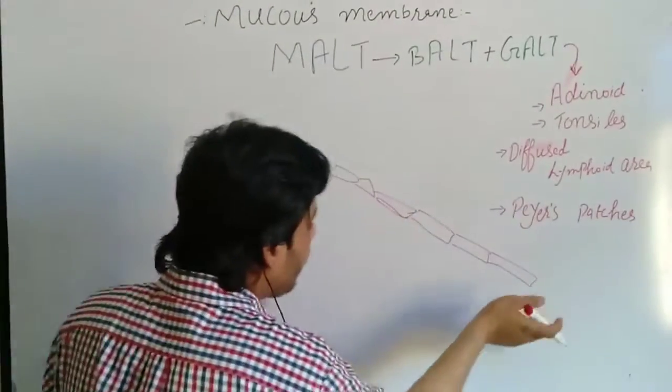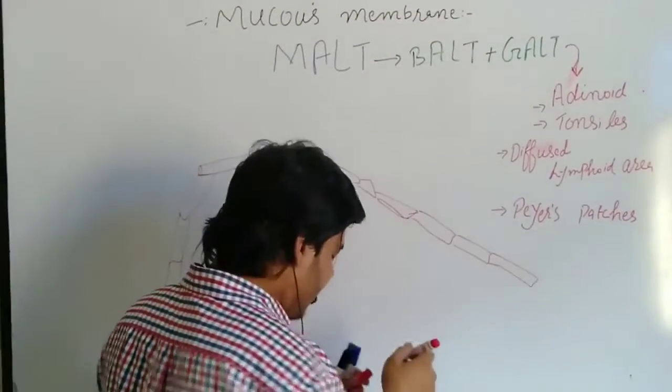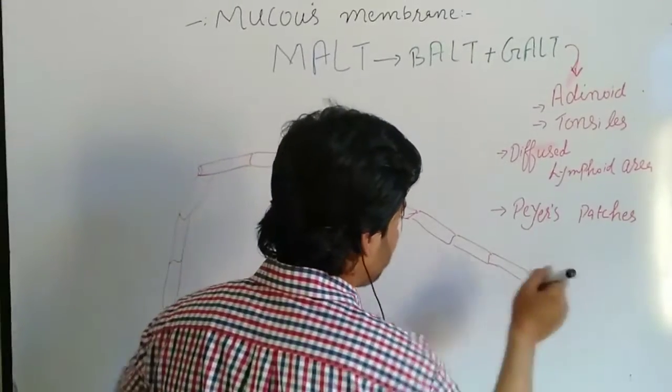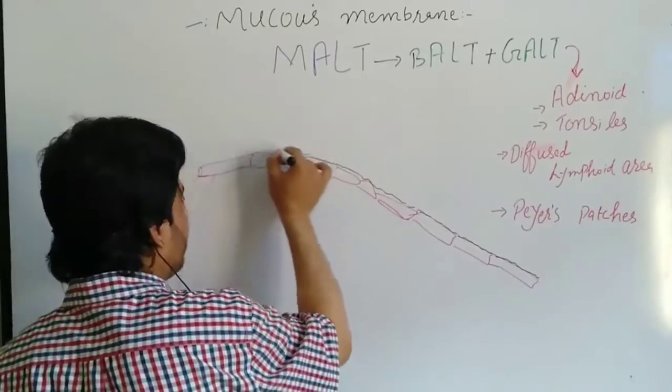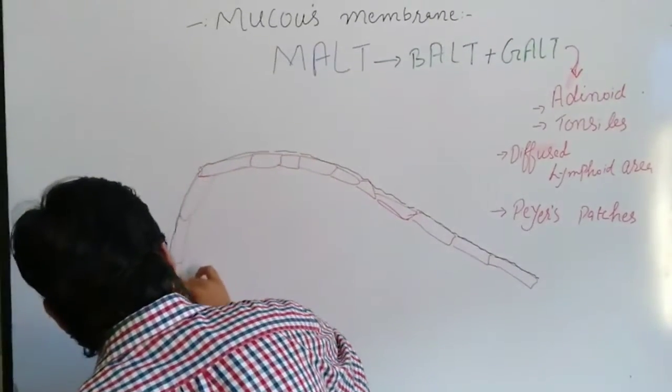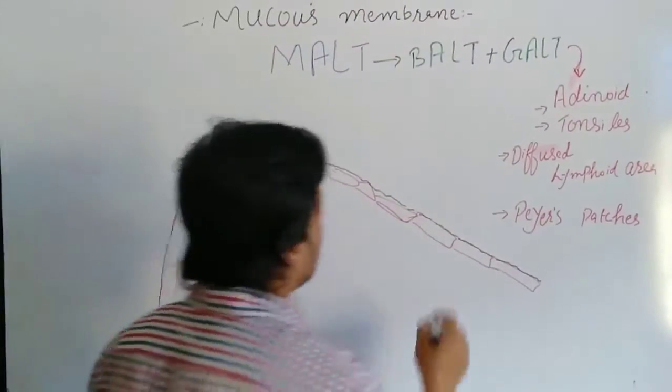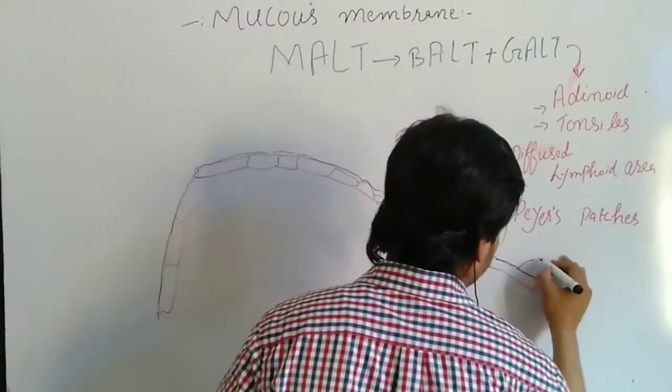Okay, and outside of each of the cells there is a layer. Let me draw it as you are watching. This is the layer. Now this layer is called what? This layer is called the mucous membrane.